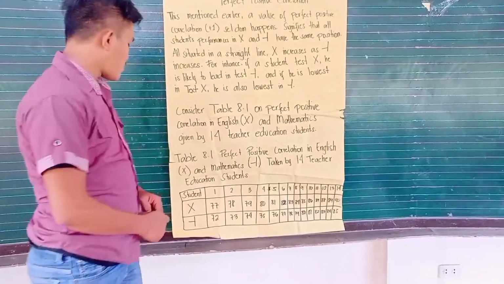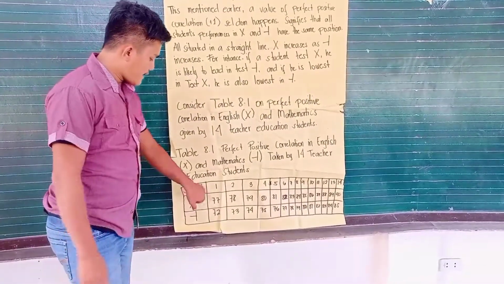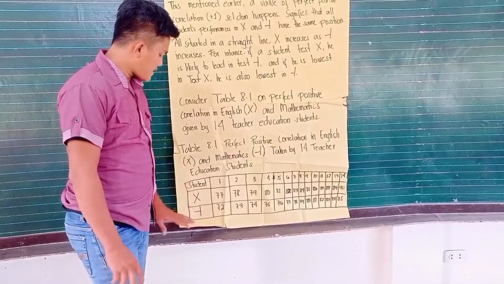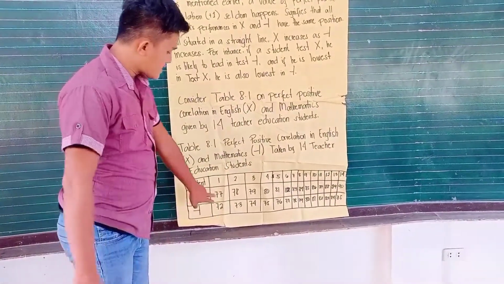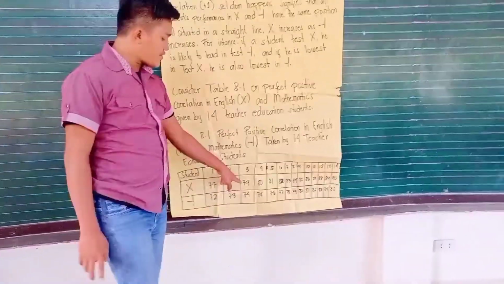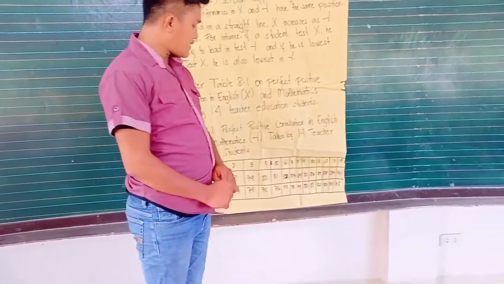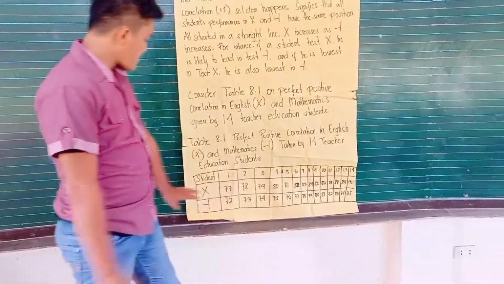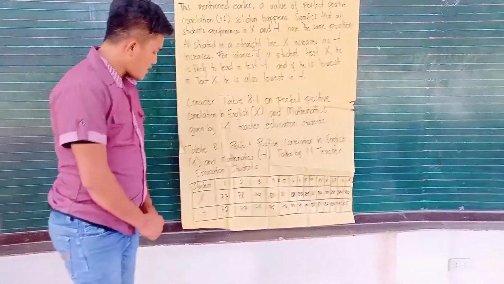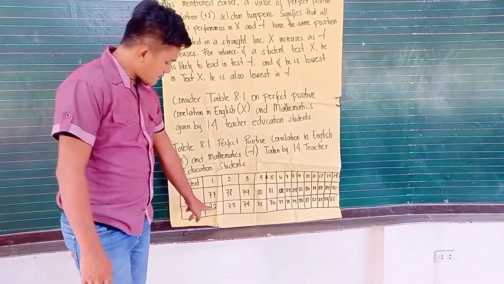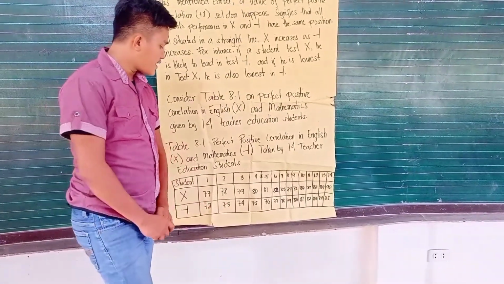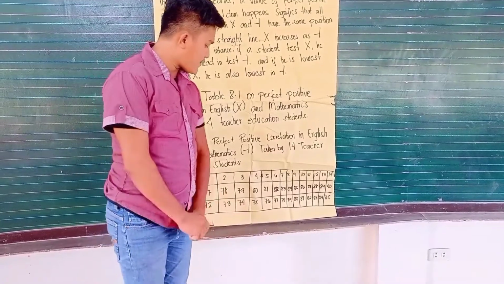So the first student in English got 77, the second got 78, the third student got 79, and so on. In Y, or mathematics, the first student got 72, the second student got 73, and the third student got 74, and so on.